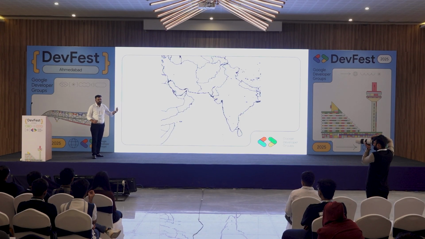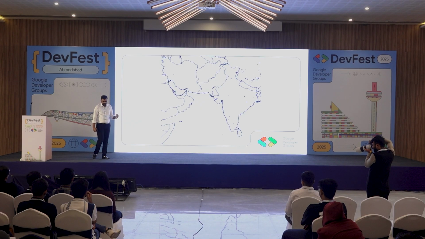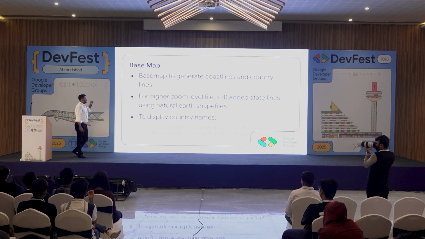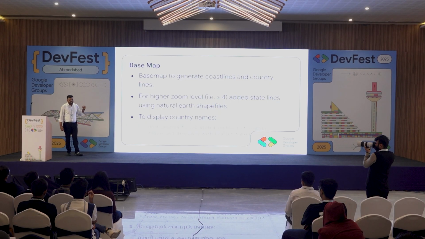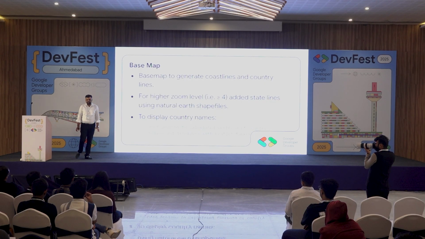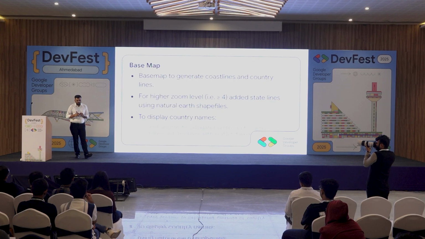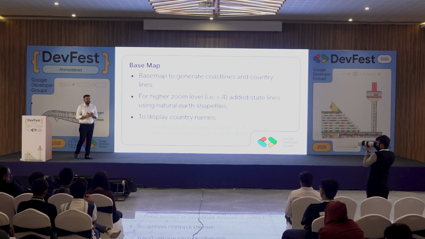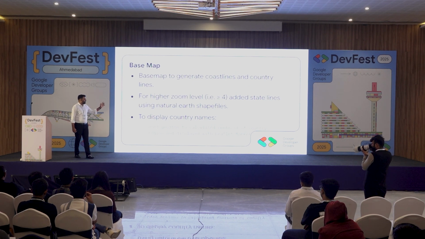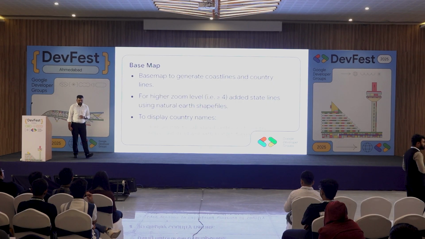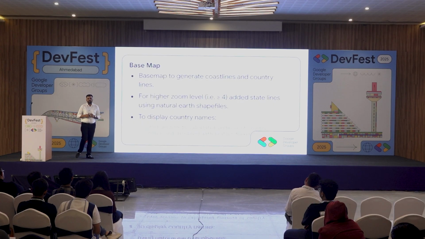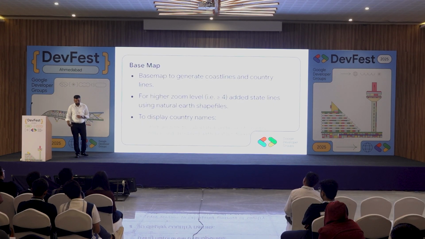At zoom level 0, the base map only contains the coastline and country lines. As we go to higher zoom levels, we add state lines and different Natural Earth shape lines. If we zoom in more, then we add roads and that information.